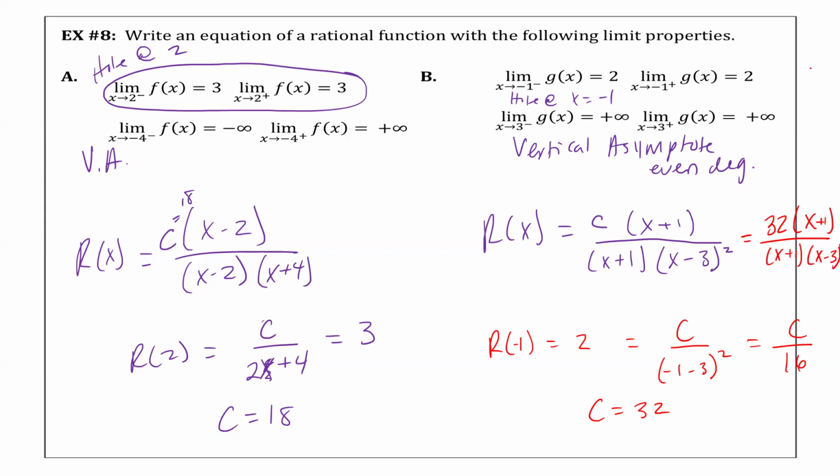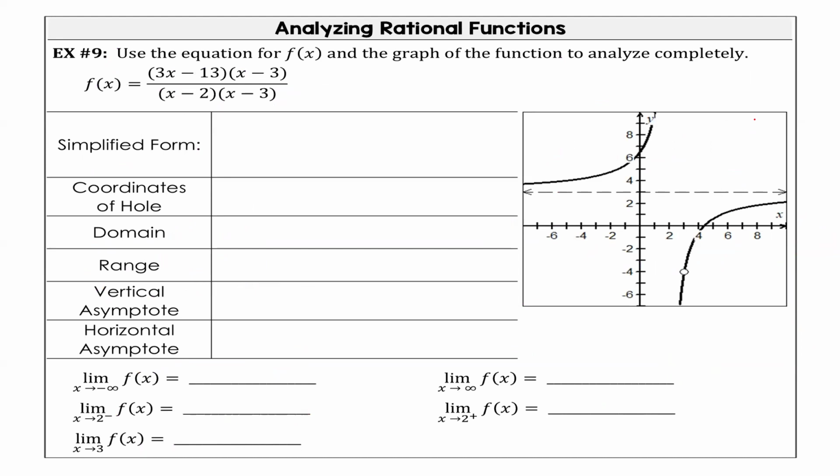Okay, so the rest of the problems are just more practice. If you go on to the next one, it's completely practicing everything, putting it all together, from top to bottom, making sure we can put it in its simplest form and understand what we're left with. In the simplest form, we would eliminate x minus 3 over x minus 3. So the rational function we're left with would be 3x minus 13 over x minus 2.